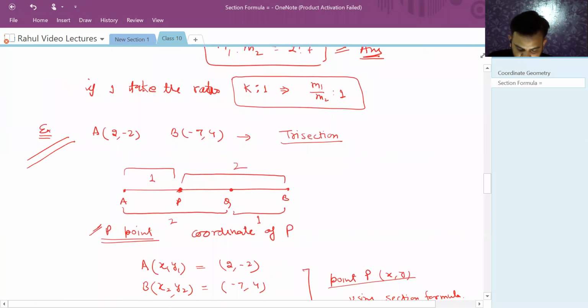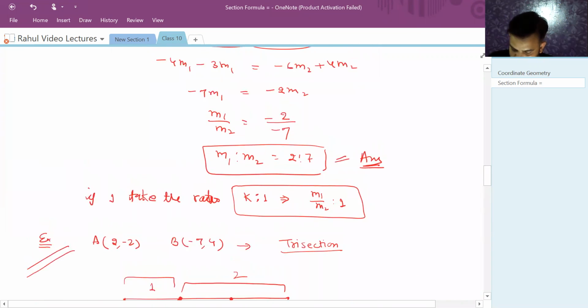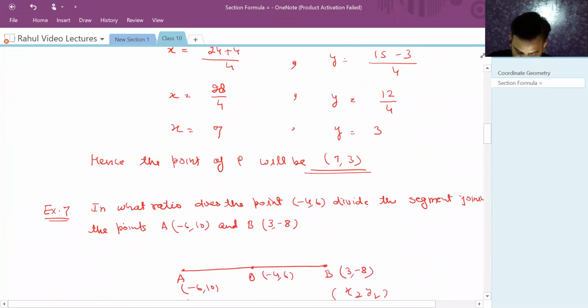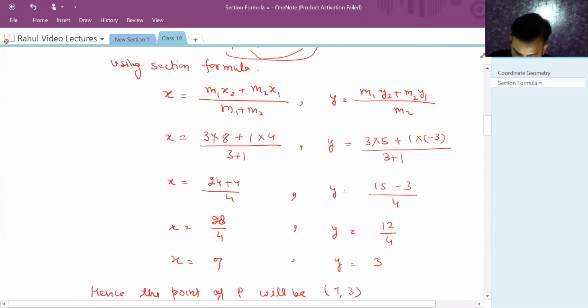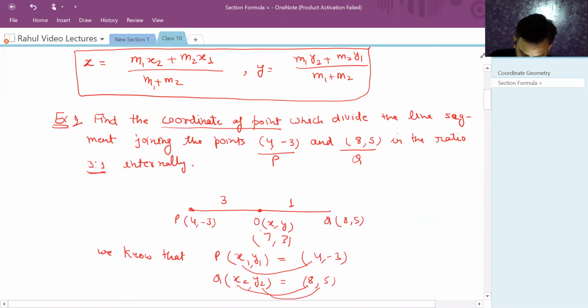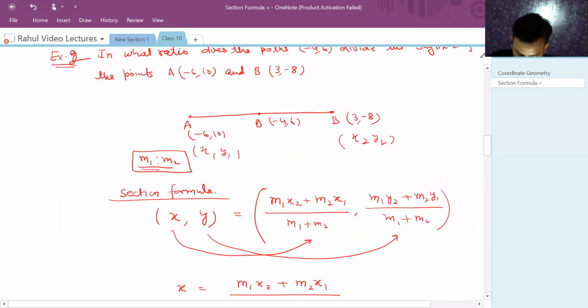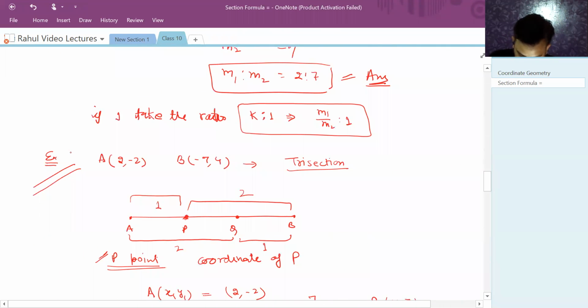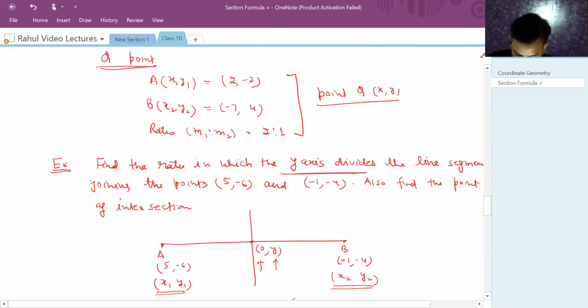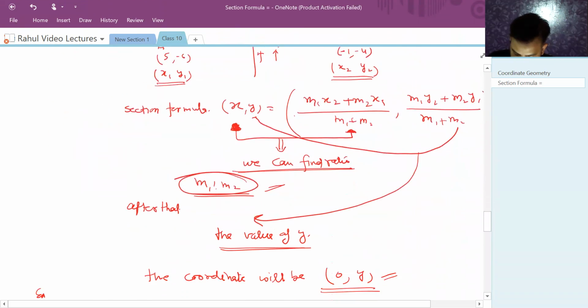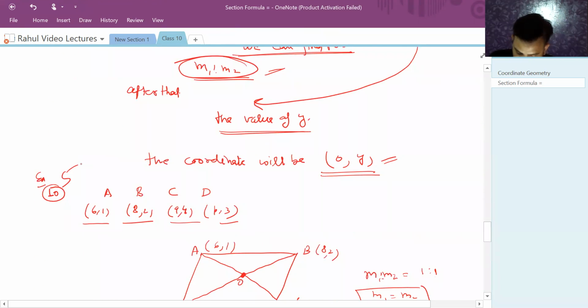This example I am numbering, just see, this is your example number 1 here, and this is your example number 2, example number 3, example number 4, and example number 5.